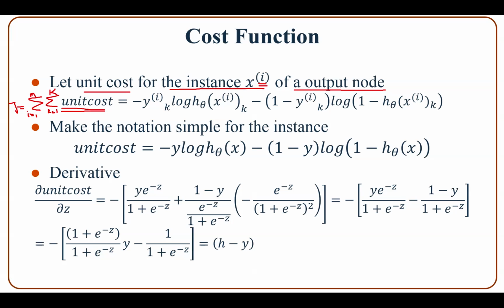And here we make the notation a little bit simpler, and unit cost is equal to just this without the subscripts. Now take the derivative of the unit cost with respect to z, and z is the weighted sum at the same output node. So taking the derivative with respect to z, what we have is this.